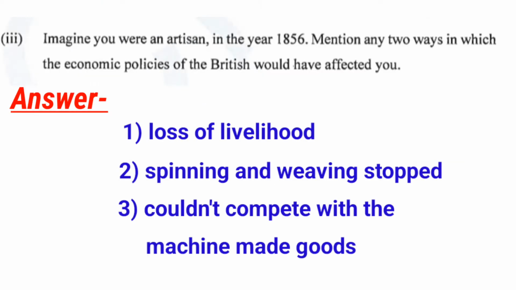Number 3. Imagine you were an artisan in the year 1856. Mention any two ways in which the economic policies of the British would have affected you. So here the answer will be loss of livelihood, spinning and weaving stopped, could not compete with the machine made goods.